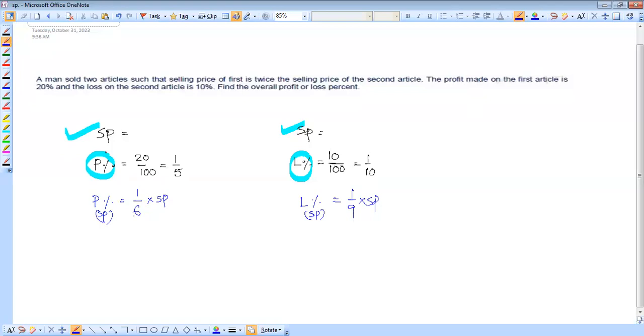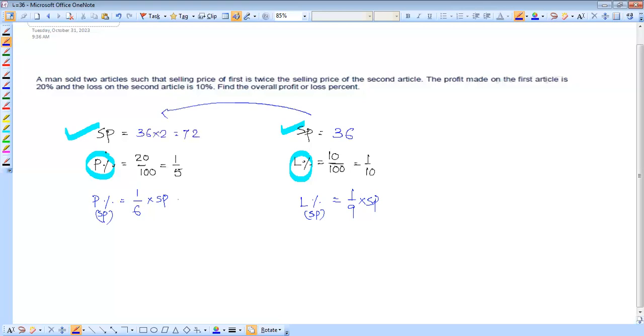Isn't it? 54, 18, whatever value you take, it should be divisible by both 6 and 9. Any value you choose, 36, anything you can choose. Okay. So if I take this as 36, that selling price is double, no? 36 into 2, it should be 72.